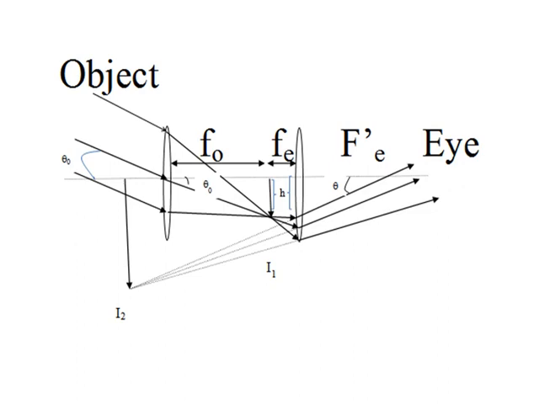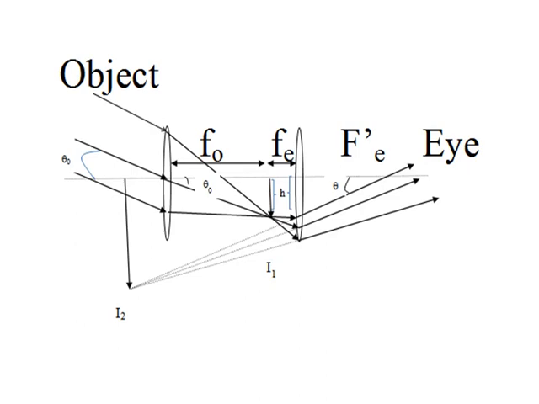I1 is just inside the focal point of the second lens. So the final image I2 is a virtual image. Also, I2 is larger than I1.